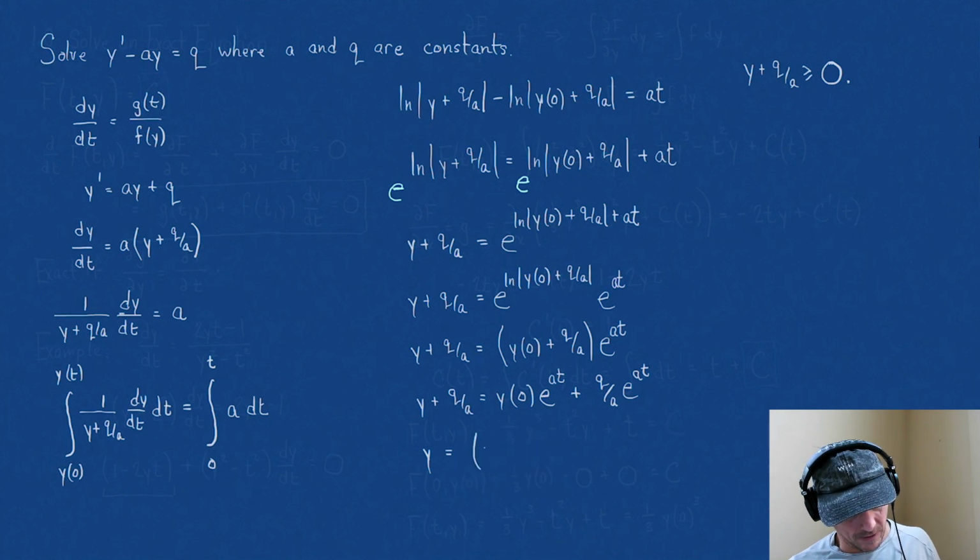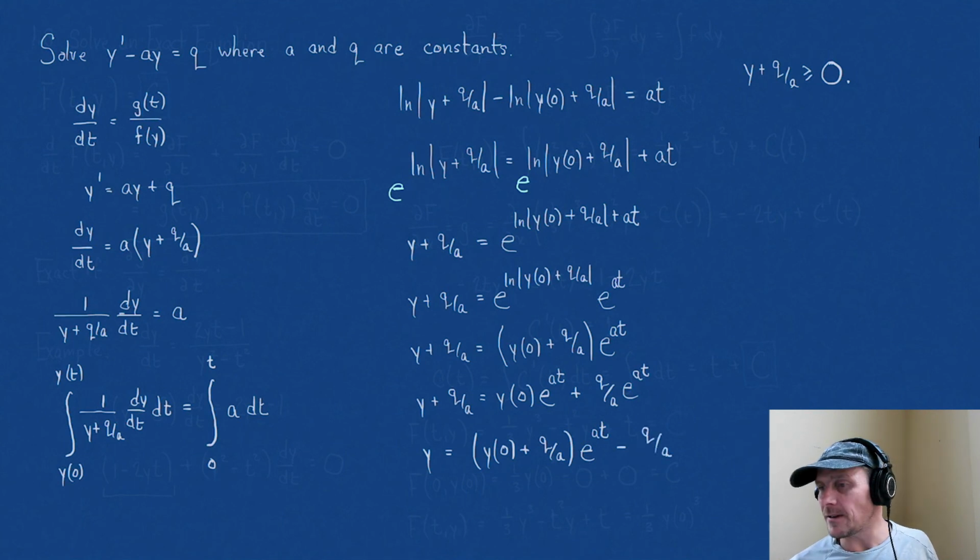This is y of 0 plus q over a, times e to the at, minus q over a. And there it is. That worked.